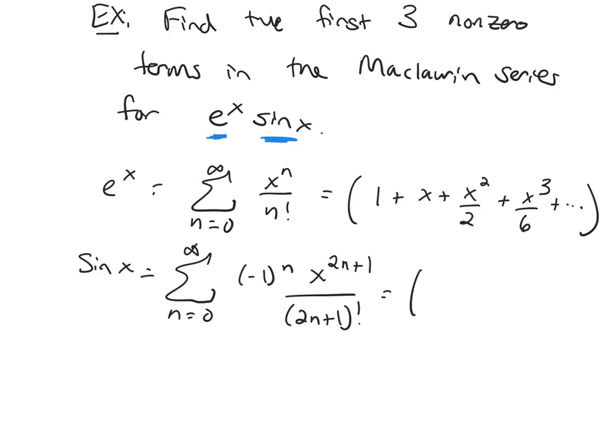Plug in 0, it's going to be positive x. Plug in 1, minus x cubed over 3 factorial, or over 6, plus x to the 5th over 5 factorial, plus dot, dot, dot.